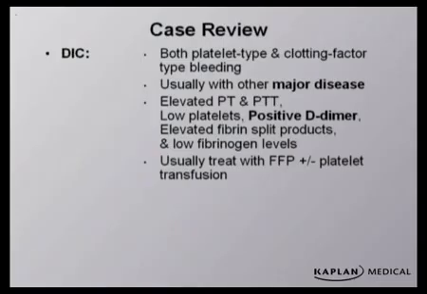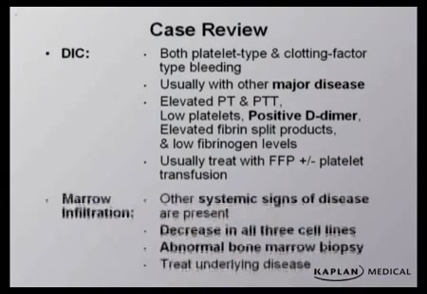Really, the treatment is, you don't know what to do in DIC. Really, the most effective treatment is treat the primary disease. Some people use fresh frozen plasma if the patient is bleeding, plus sometimes platelet transfusion, but it's really not effective. Really, what you need to do is treat the primary disease.